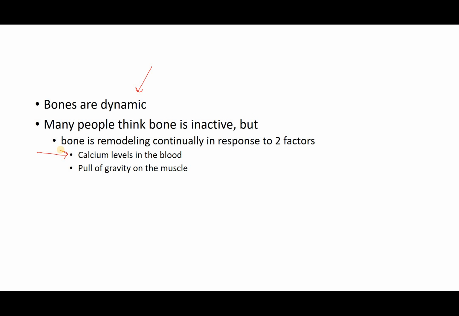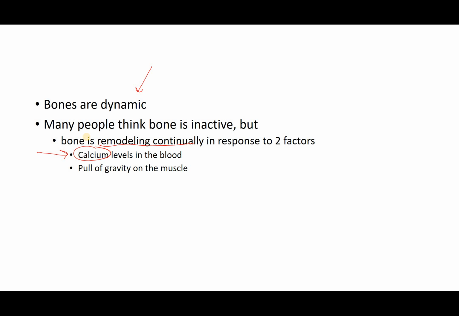Some of the several things that you need for this remodeling to continue are calcium, so you do need healthy levels of calcium, and the pull of gravity on muscle, that is to say, exercise.